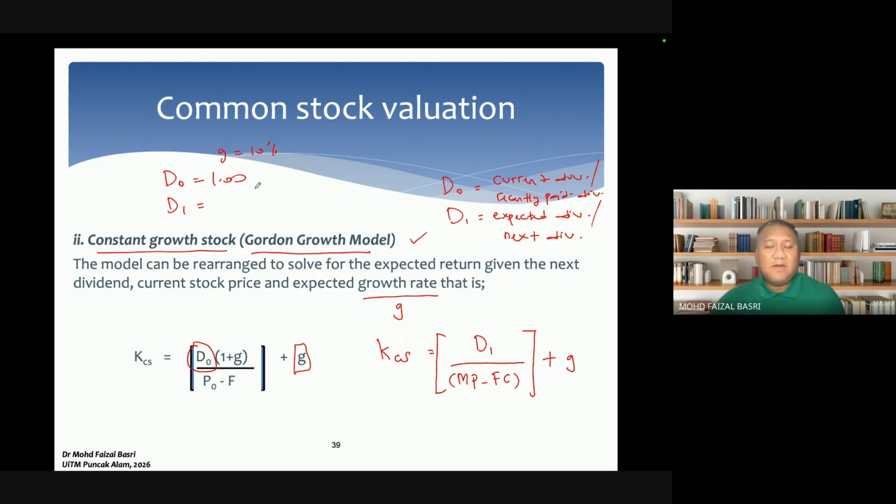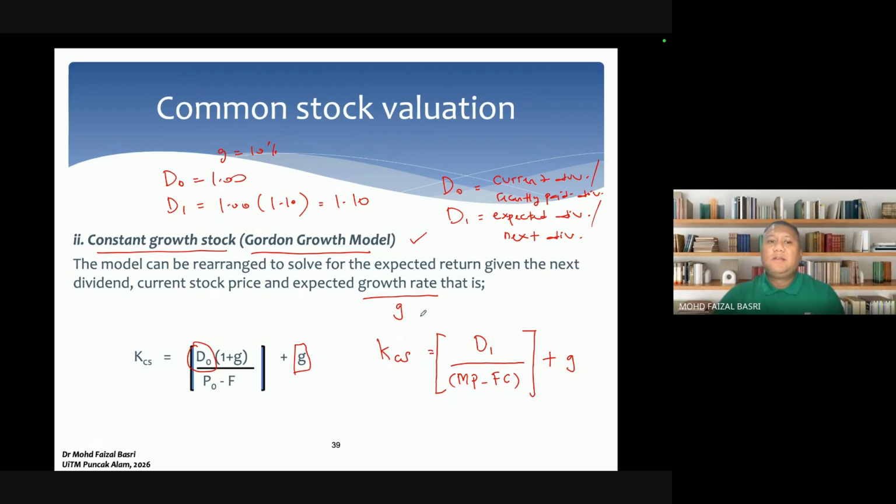So meaning if it's now RM1, and if it grows by 10% each year, so D1 it will be RM1, and kita akan naikkan dia by 10%. So that's why 1 plus G ni is actually 1 plus growth rate. So kalau growth rate dia 10%, is 1 plus 10%, it becomes 1.1 lah. So 1.1 darab RM1, so our dividend for next year will become RM1.10. Okay, so that is the main difference lah between D0 and D1.